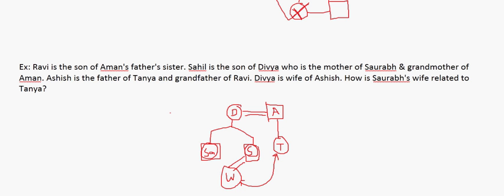Ashish is father of Tanya and is grandfather of Ravi, right? And from this statement, Divya is grandmother of Aman, and the first statement says Ravi is son of Aman's father's sister, right? So Ravi is son of Aman's father's sister, and Ravi is grandkid of Ashish, right? So Ravi is son of Tanya.